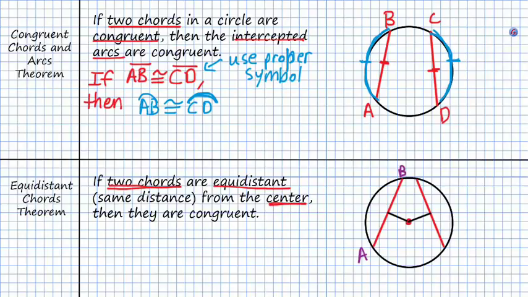So let's give everything names: A, B, and then C, D, and we'll call this O, and these points where we are connecting will be called E and F. We want to make sure that E and F are the same distance, and that will guarantee that our two chords will be congruent to each other.